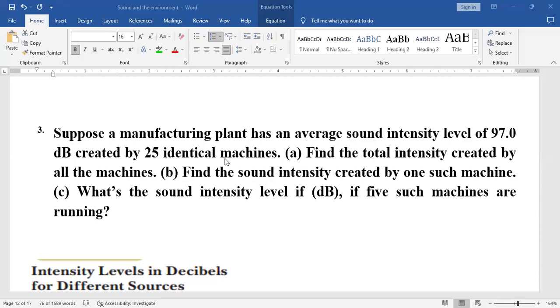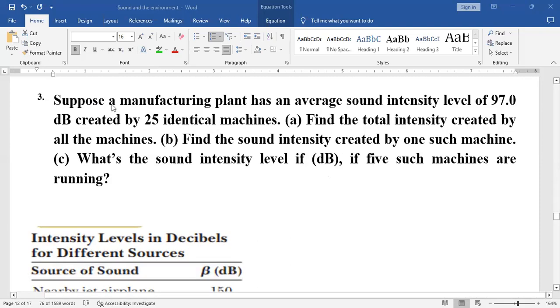Okay, welcome back. So the last question here says, suppose a manufacturing plant has an average sound intensity level of 97 decibel created by 25 identical machines. So this is the average sound produced in a factory.